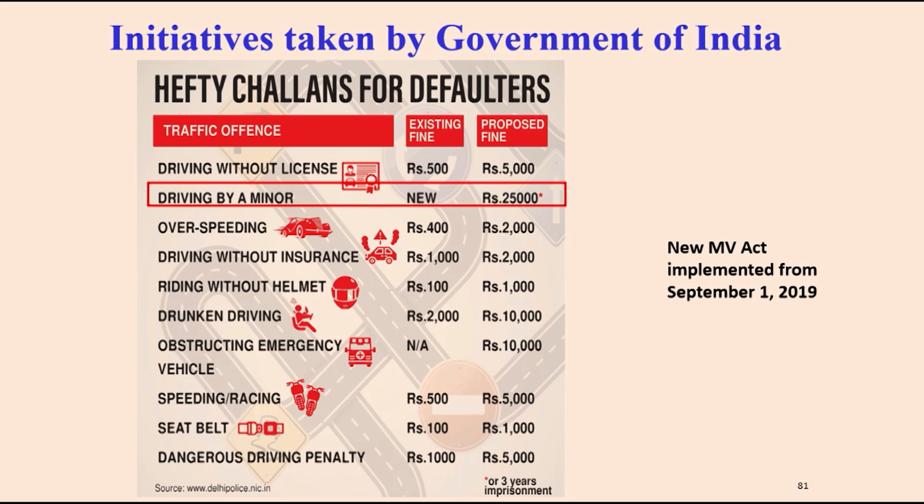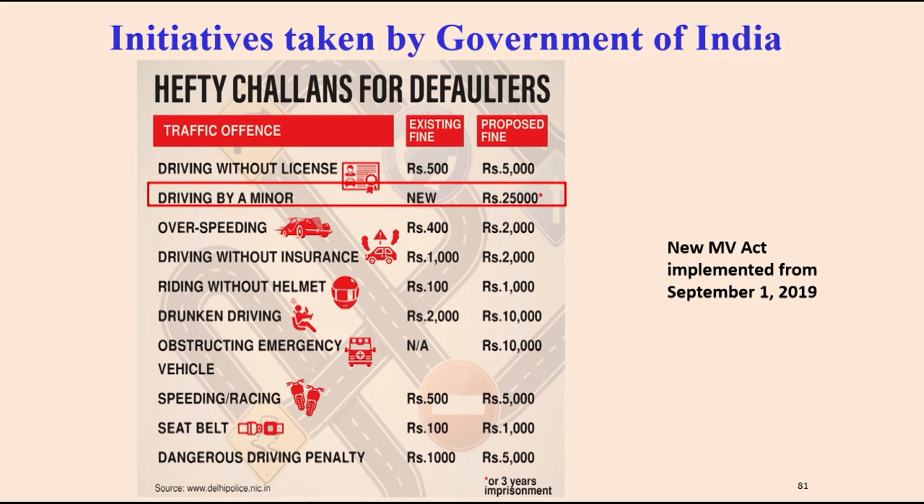Now you see that in some cases the penalty rate has gone up 5-fold. A few of the penalty rates have been increased recently, such as for driving by a minor, which was not there before. If a driver is less than 18 years, or the prescribed age, and gets caught, he will not be penalized; their parents will be penalized.